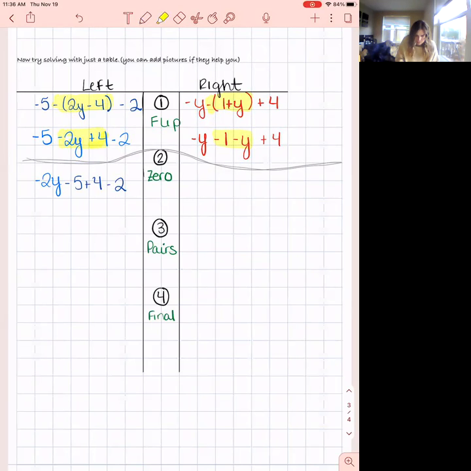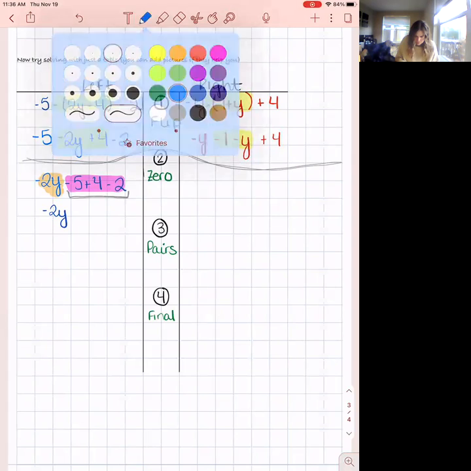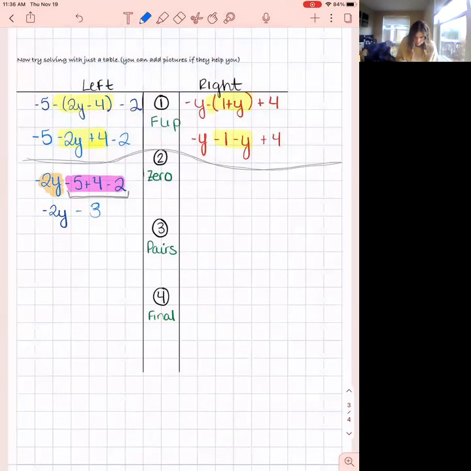Highlight what goes together. Combine like terms is the same thing as 0, so that's there. And then really all I'm combining is going to be these unit tiles. So when I rewrite it, I still have negative 2y. Negative 5 plus 4 is negative 1. Minus 2 becomes minus 3.